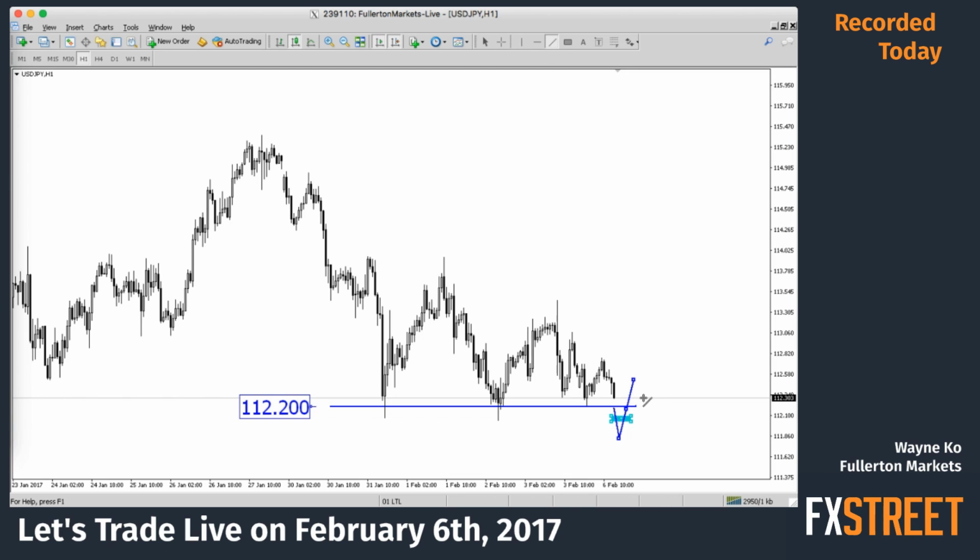And if this kind of move is another fake move, then price is likely to move down again. So if the price moves down again to this blue box over here, then this could be a possibility for me to go short.